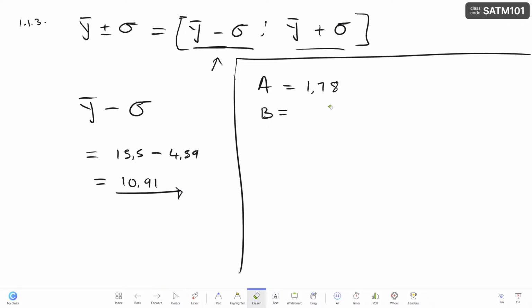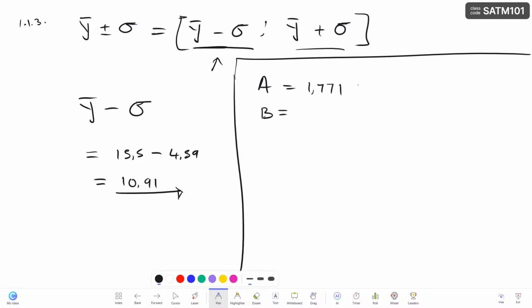Something that I can advise you here, don't round to 2 decimal places, round to at least maybe 3 or 4 decimal places. So here you're going to say 1.771, okay, let me round to 3 decimal places.